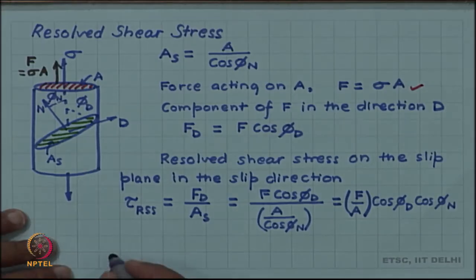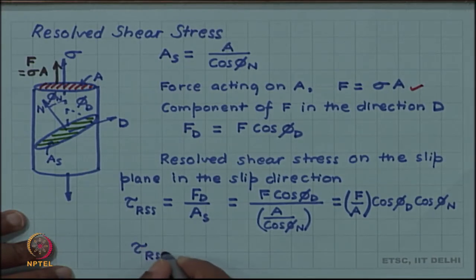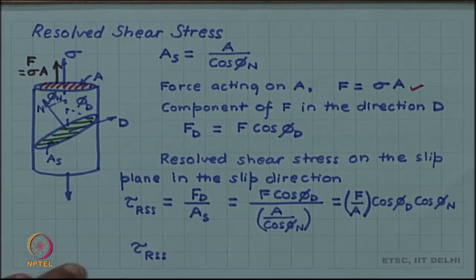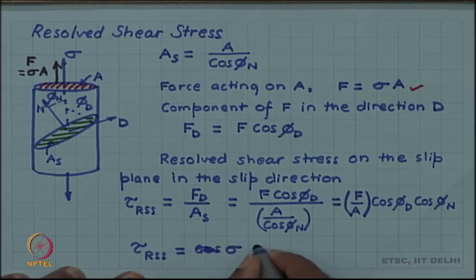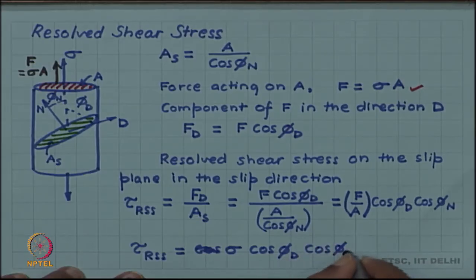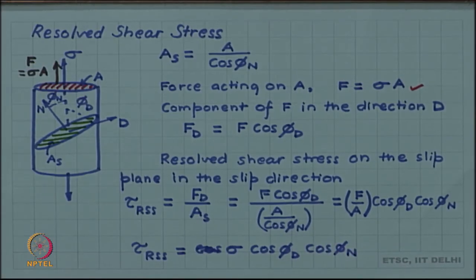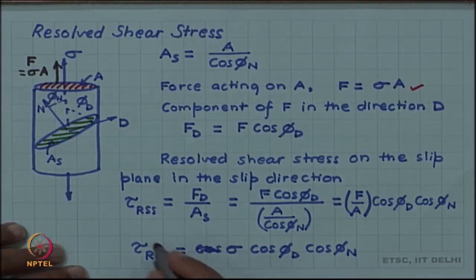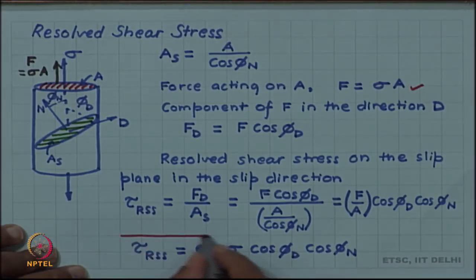So, we then get our final relationship, which we will be using: sigma cos phi d cos phi n. This becomes our resolved shear stress.